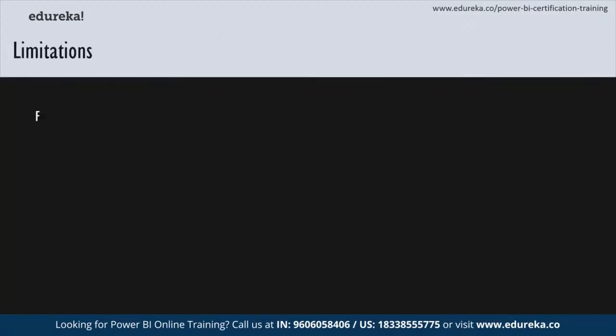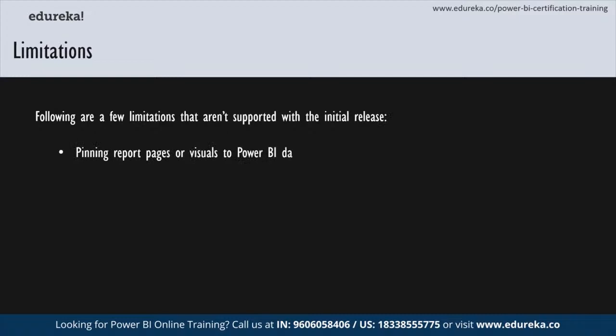Now, a couple of limitations and considerations that you have to understand. There are some features that aren't supported in this initial release. Firstly, pinning report pages or visuals to Power BI dashboards. I mean, you can still pin visualizations to the Power BI dashboard from an on-premises paginated report on a Power BI report server or Reporting Services, but you just can't do it on the service.